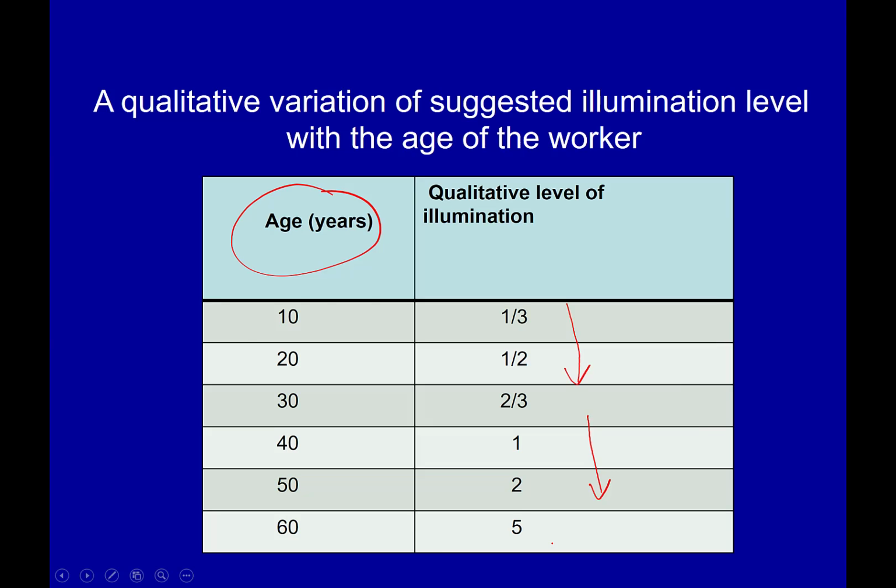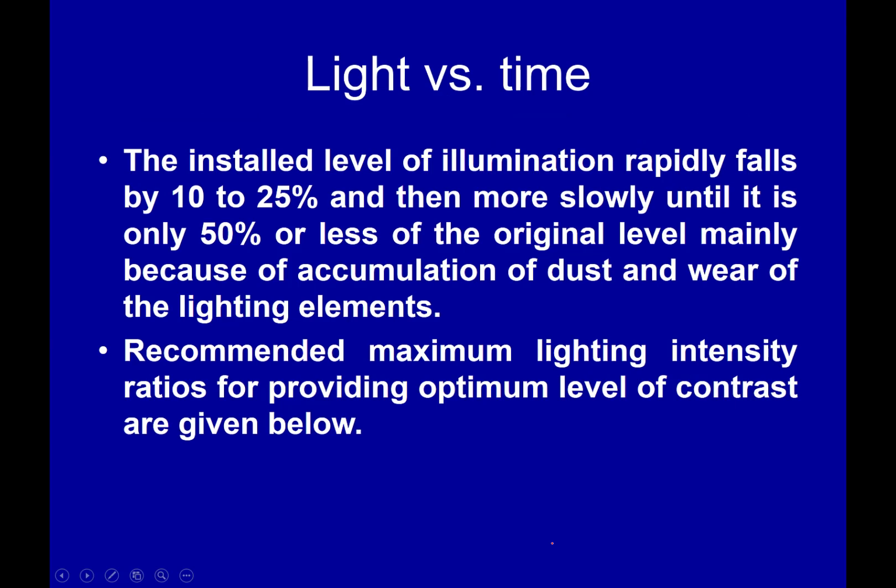About this I have already talked. The installed level of the illumination rapidly falls 10 to 25%, and then more slowly until it is 50%. Then it is recommended that maximum light intensity ratio, this is another thing.